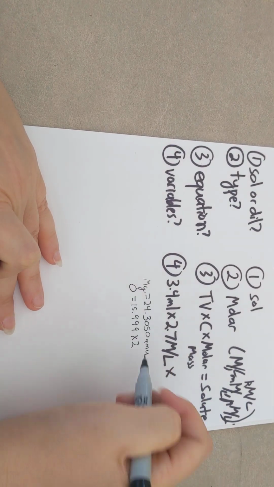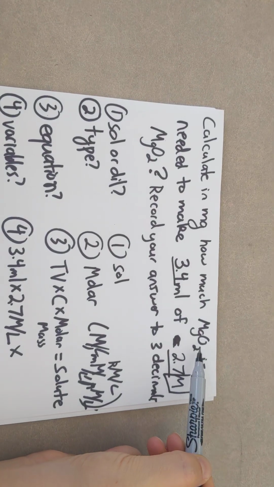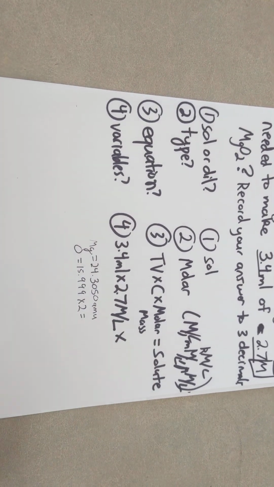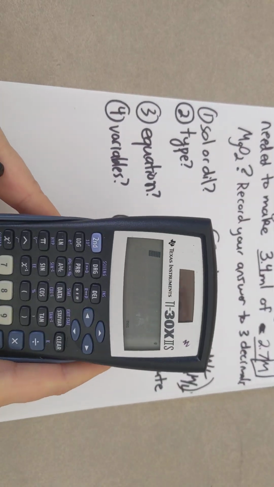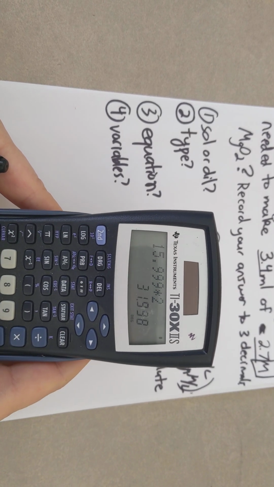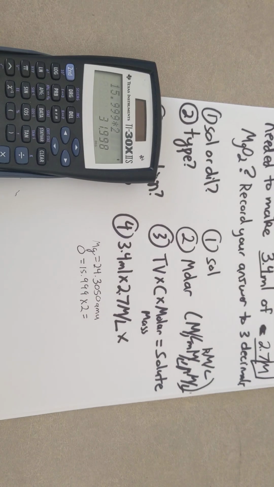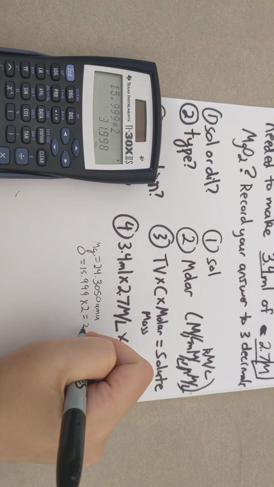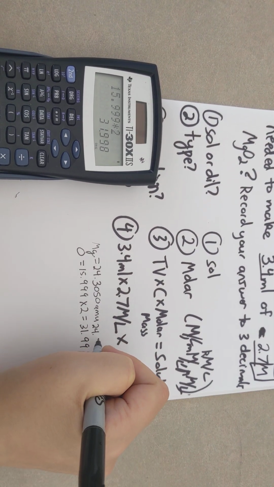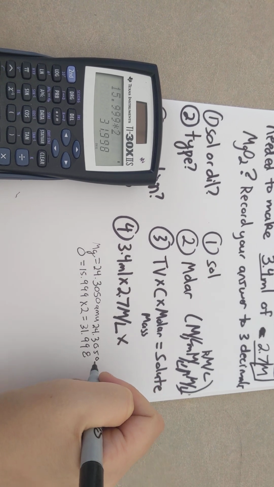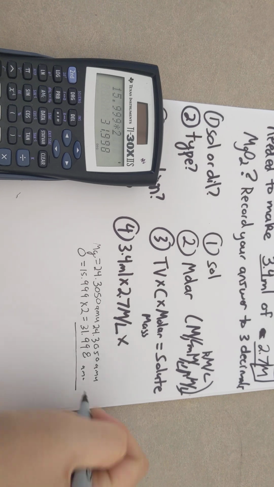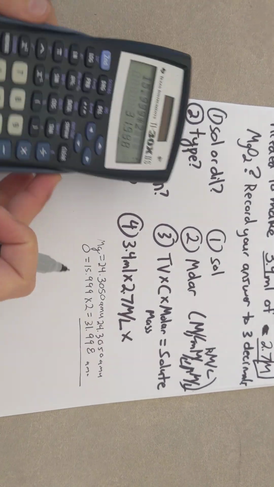But I need to multiply this by 2 because there are 2 oxygens in my magnesium oxide. 15.999 times 2 gives me 31.998, and then I will add to it the magnesium for the total molecular weight.